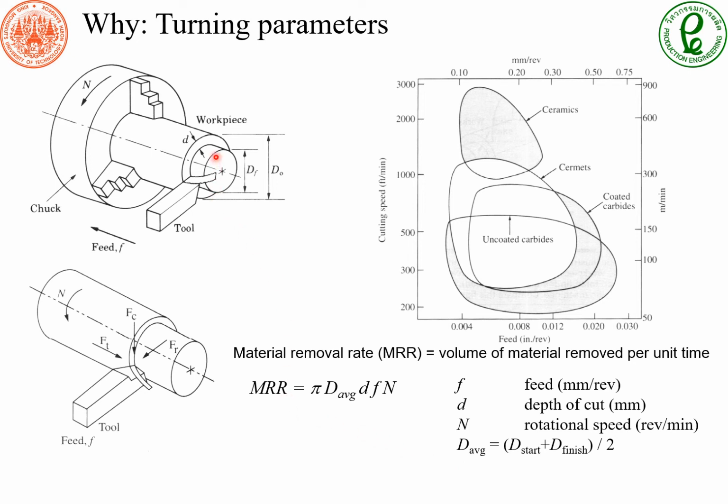So basically the velocity is pi d n. That's the cutting speed, and multiplied by the depth of cut and the feed rate, that becomes the material removal rate, which is the volume of material removed per unit time. This is very important for engineers to determine the cycle time necessary for machining the part.